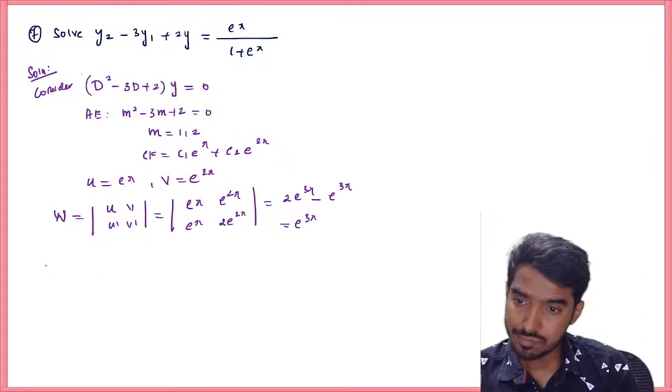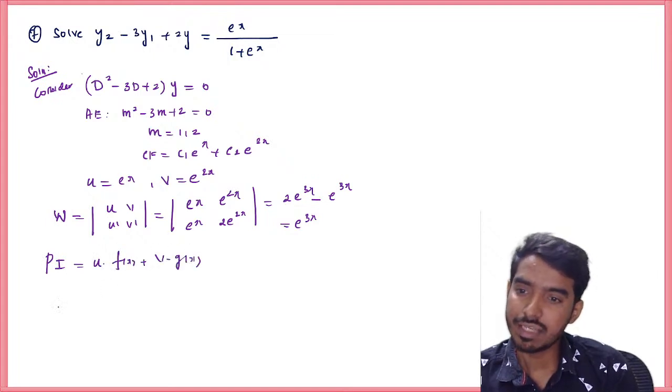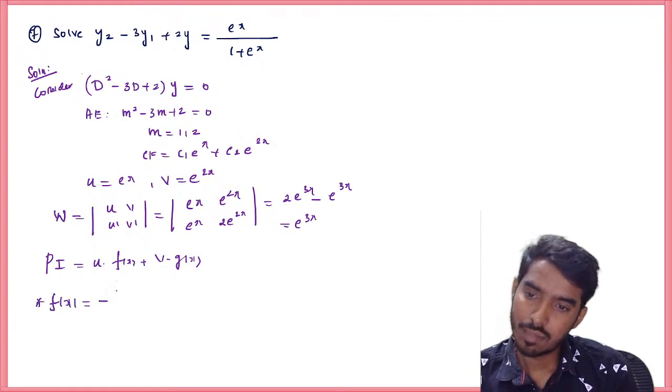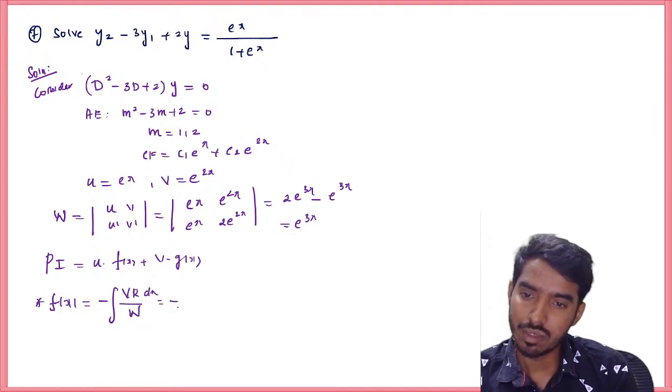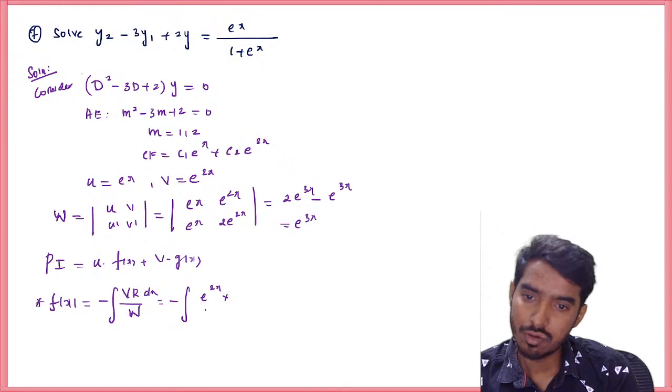Now you find what is your PI? PI is u into f of x plus v into g of x. Now what is f of x? Minus integration of v r by w dx. So minus integration of, what is v? V is e power 2x into r by w, e power 3x.